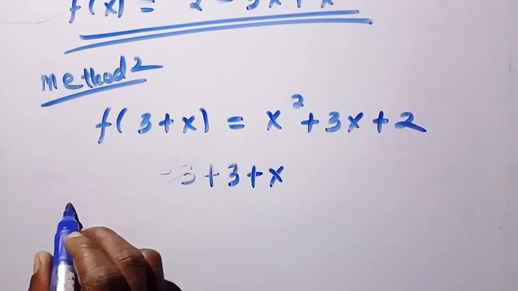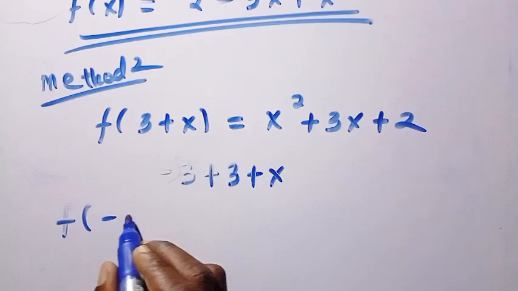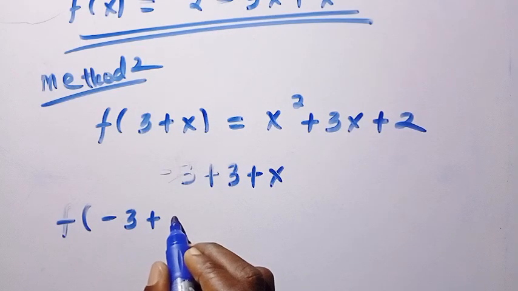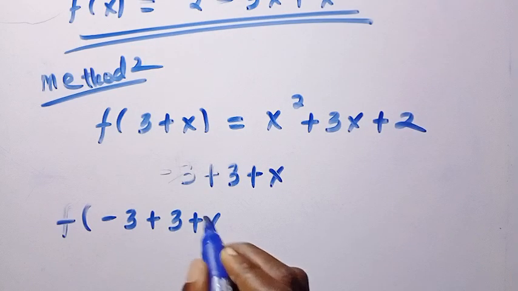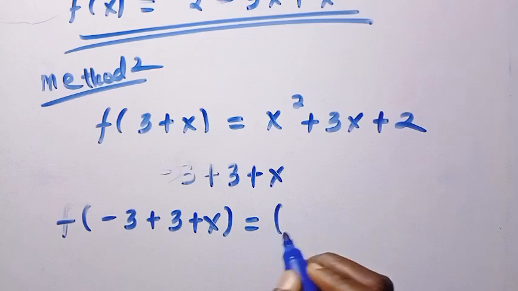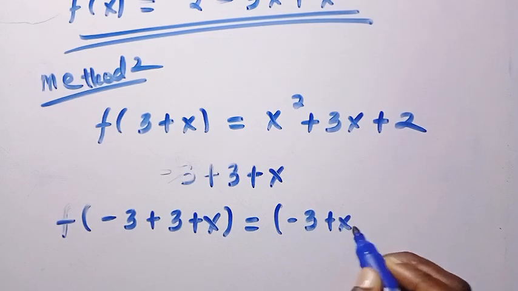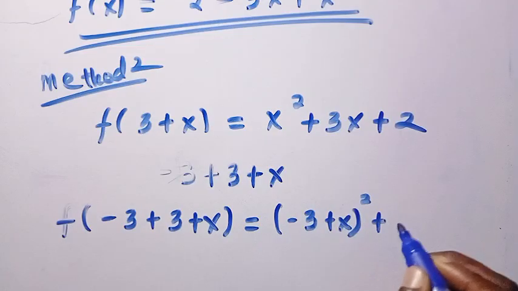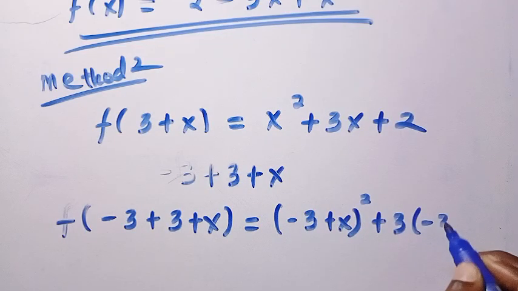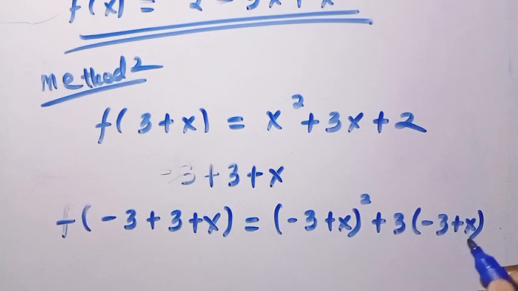So therefore we have f of minus 3 plus 3 plus x equals, so anywhere I see x here, I'm replacing it with minus 3 plus x, squared, plus 3 into bracket of minus 3 plus x, and here is plus 2.